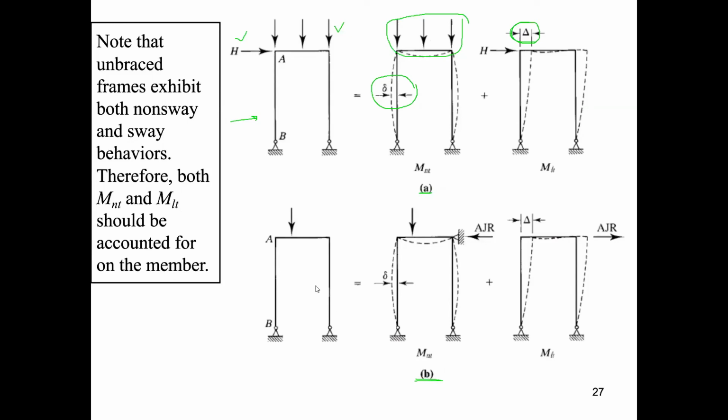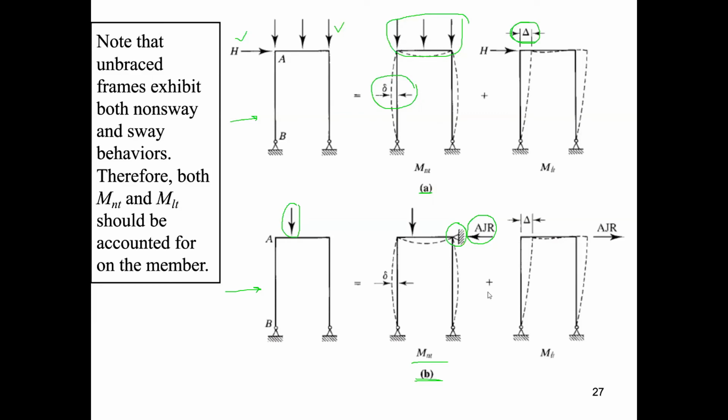In figure B, the unbraced frame supports only a vertical load. Because of the unsymmetrical placement of this load, there will be a small amount of side sway. The moment M_nt is computed by considering the frame to be braced, in this case by a fictitious horizontal support, and the corresponding reaction called an artificial joint restraint, AJR.